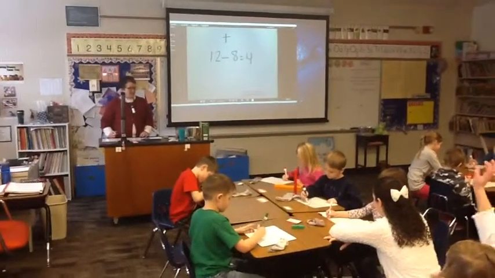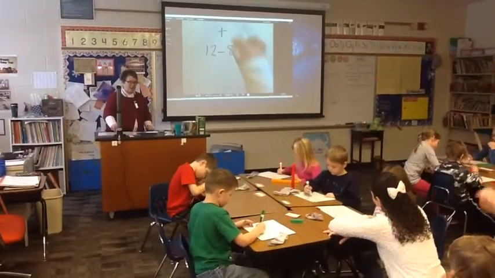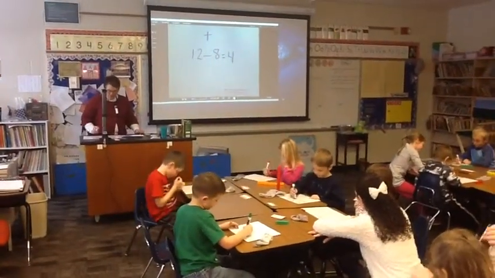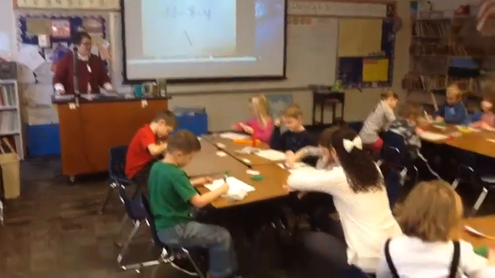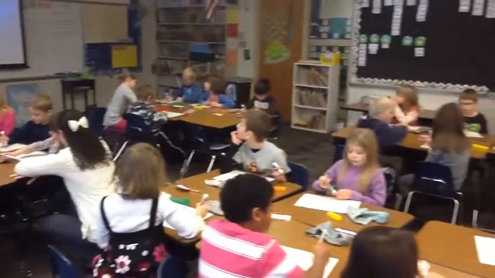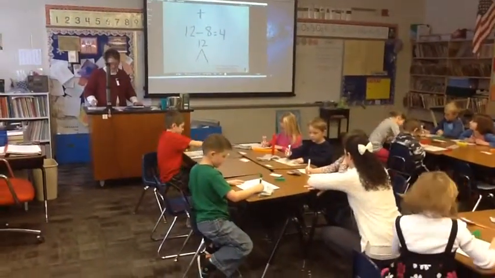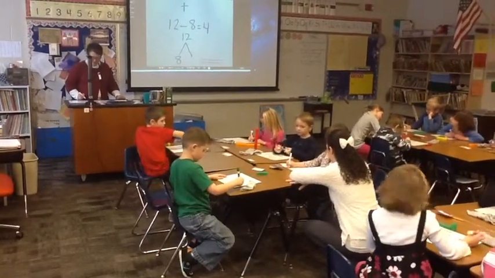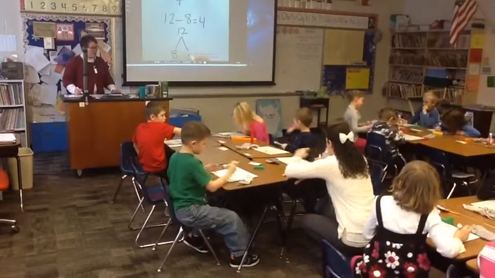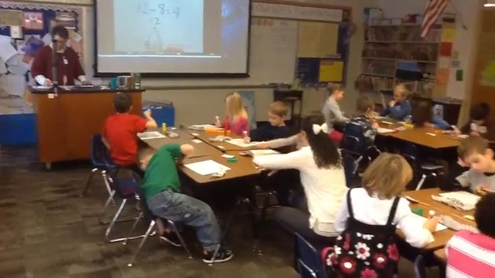Or maybe if I think of a number bond first, I could think of this addition problem. So, how many do I have total, everybody? 12. How many did I cut up? 8. That tells me a part. And then, so what's my other part? 4.